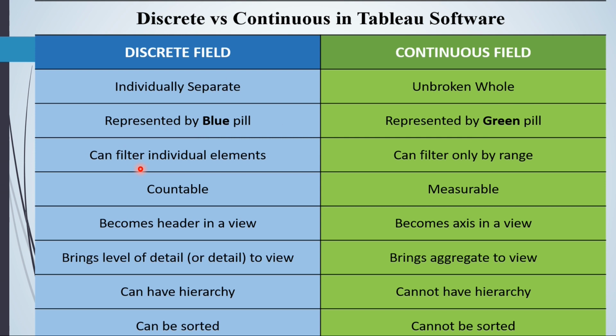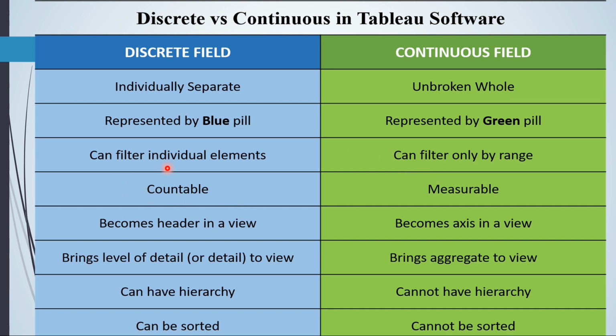Discrete fields can filter individual elements. They can be filtered individually. If you drag customer name into your filter shelf, each and every customer name can be filtered. But continuous fields can be filtered only by range. If you add a date into the filter, it will show you the range.